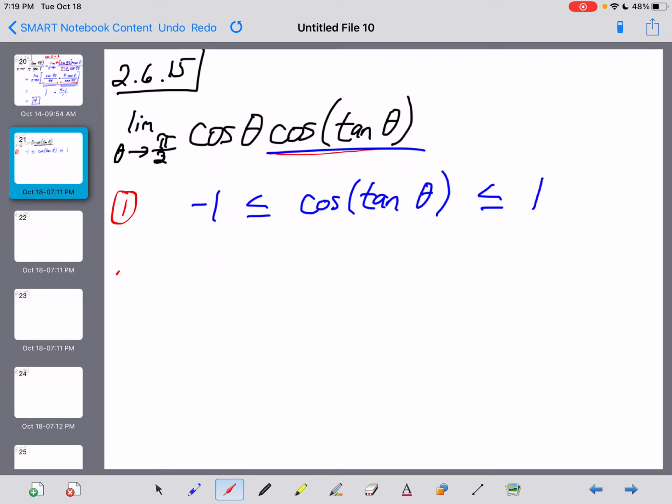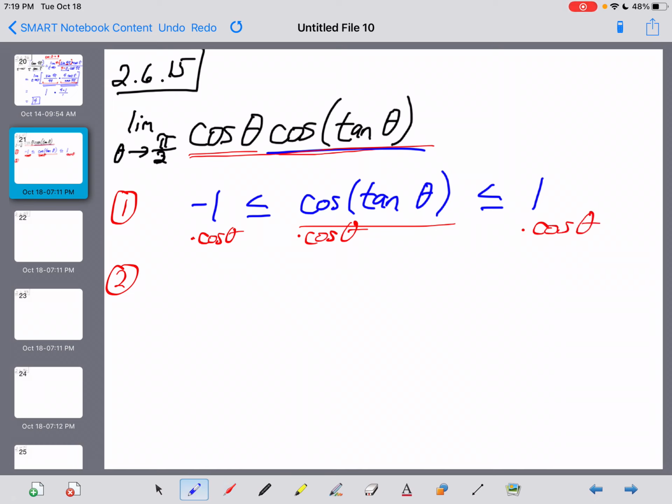So now we move on to step number two, and that is to algebraically manipulate all three parts of this blue statement to make the middle part right here look like this. So what's missing? It needs to get multiplied by cosine of theta. So we're going to do that on all three parts, the left and the middle and the right over here as well.